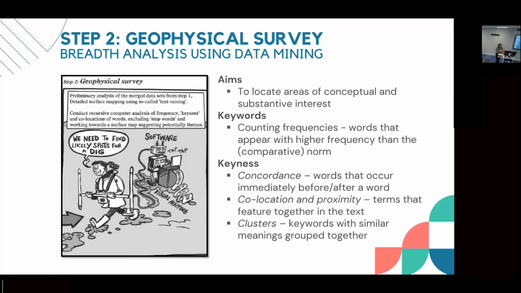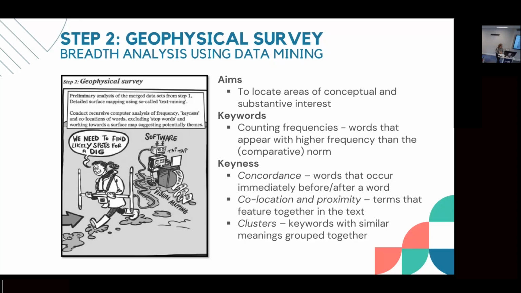So the sorts of things that we've looked at for this geophysical surveying and breadth analysis using data mining: simple things could be looking at keywords or words that represent a particular topic, or you could count frequencies, looking at words that appear with higher frequencies than the comparative norm. A lot of the work we've done has been around keyness, words which occur with unusual frequency or infrequency in the target corpus in comparison to a reference corpus.